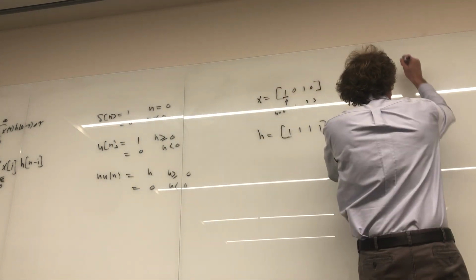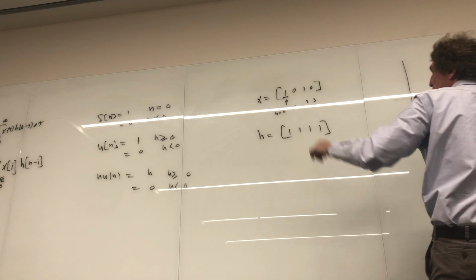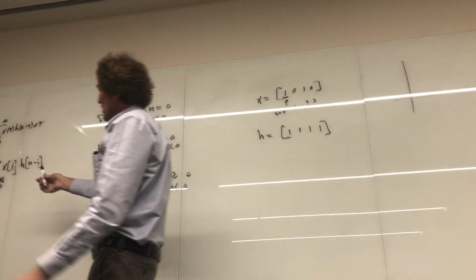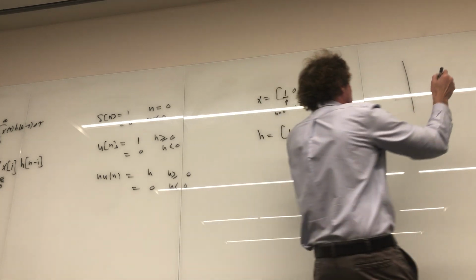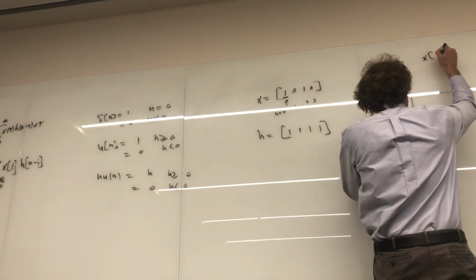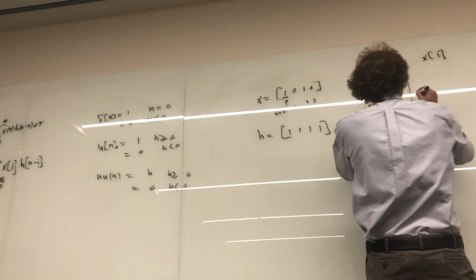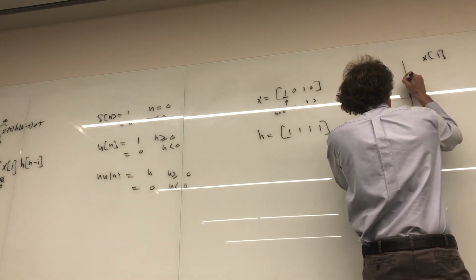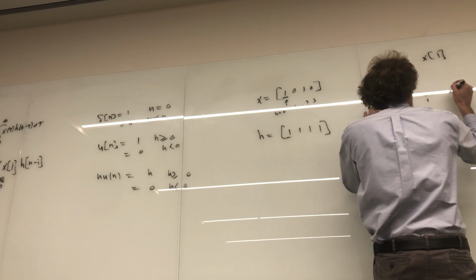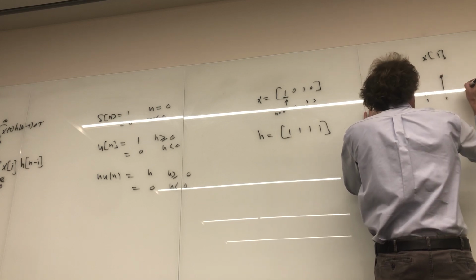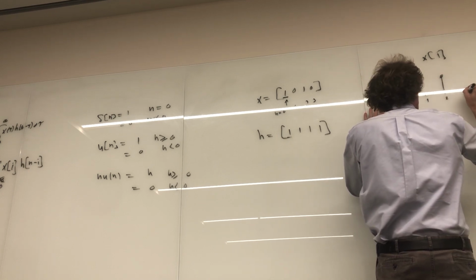So for this one, if you just graph it, remember the sum is on i here. It's not on n, it's on i, right? So now we're going to put down my x of i, and the value is 1 at 0, then it's 0 at 1, then it's 1 at 2, then it's 0 at 3.